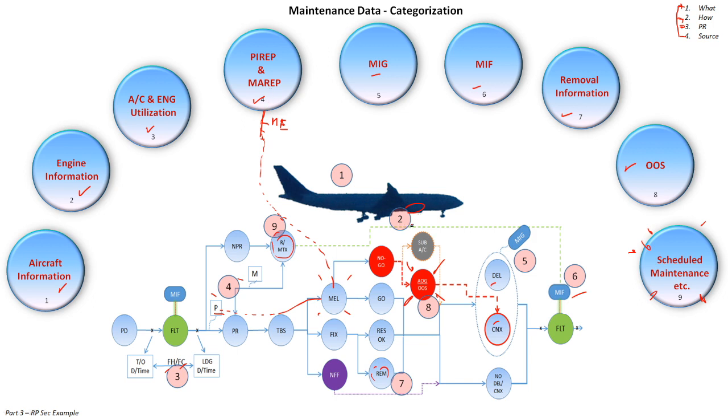This is scenario number 1. Now, scenario number 2. Let's say our experience or even the government tells us, dear ABC Airlines, we would like you to track your MEL items. What does it mean?